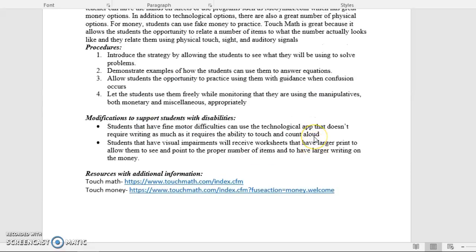Now they are saying these aloud. The reason that they're going to say them aloud is because the students are going to influence their learning by giving auditory as well as hands-on touching, like we were talking about, and they also see what they're looking at. So following the demonstration, we're going to allow the students to practice them with guidance.